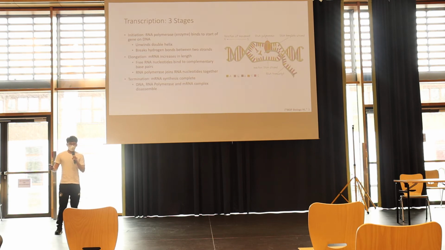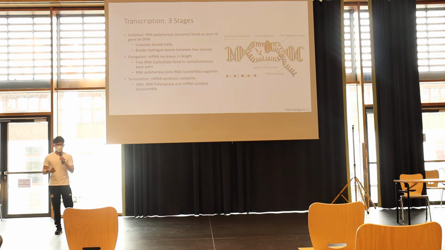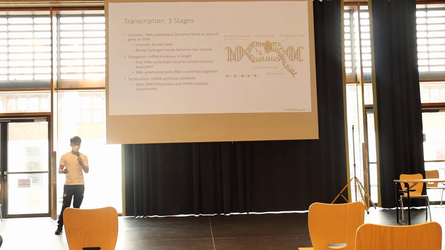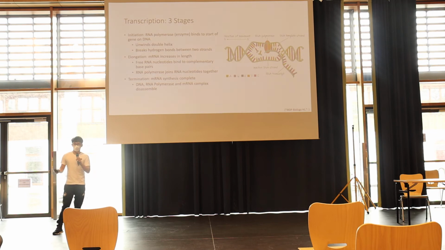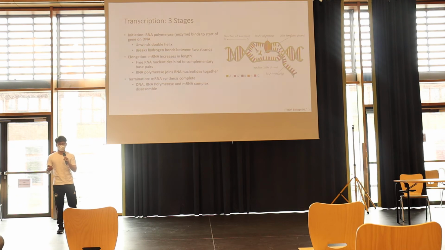This then allows elongation to occur, where RNA nucleotides bind to the exposed length of DNA. As the RNA nucleotides collect on the DNA strand, RNA polymerase then joins the nucleotides together, forming the mRNA strand.